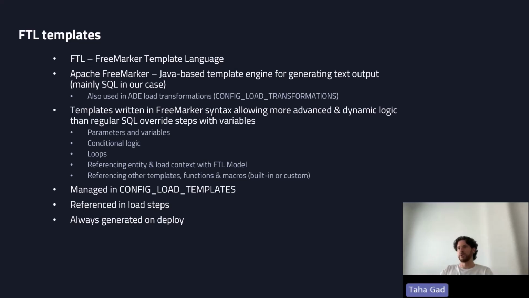If you make a change to the template and then deploy the config load templates and all the entity packages which are using the template, the load logic will be updated like that. You don't need to go into each load and change it there, like with the traditional templates when you're not using generated on deploy.